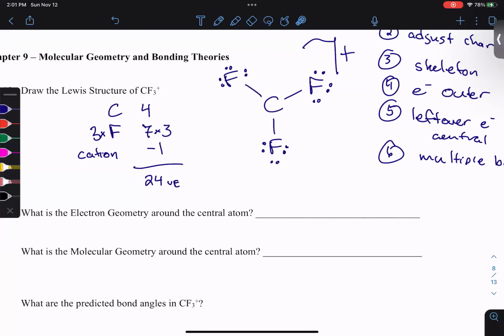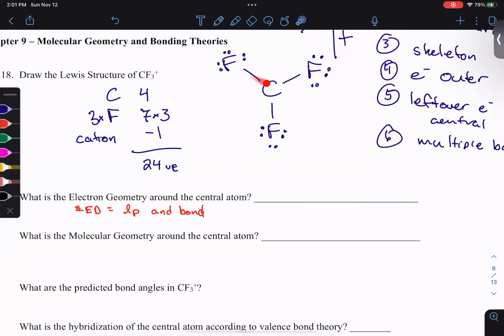So what is the electron geometry around this central atom? For electron geometries, we want to think about the number of electron domains about that central atom. When we calculate electron domain geometry, we want to consider all of the electrons that are in lone pairs and bonds.